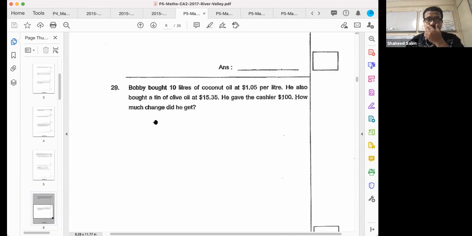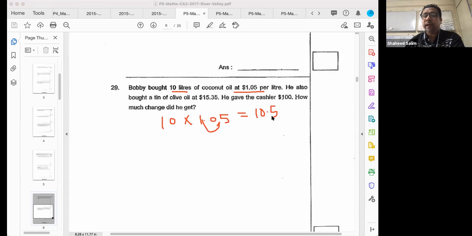Yes, 153 is correct. Now, he bought 10 liters of coconut oil. So take 10 times 1.05. Now, how to do this? You don't need to times. You just shift the decimal place. Shift 1, you get $10.50. And then he bought 1 tin of olive oil. Olive oil is $15.35. You add them together.